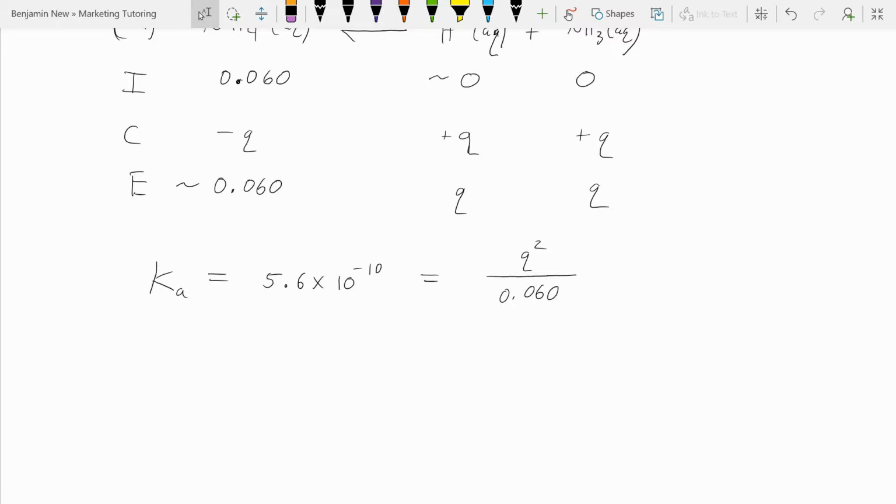Square root, answer, and we get that Q for the H+ concentration, since we're looking for the pH, is equal to 5.80 times 10 to the minus 6 molar.